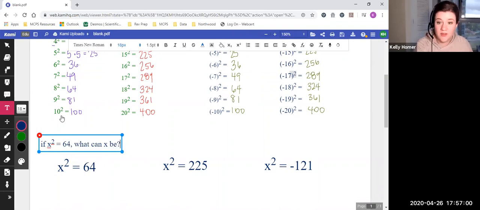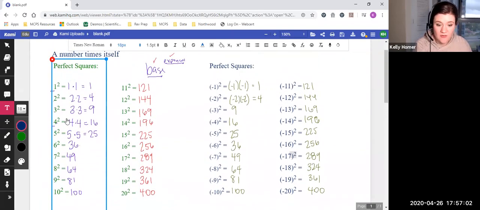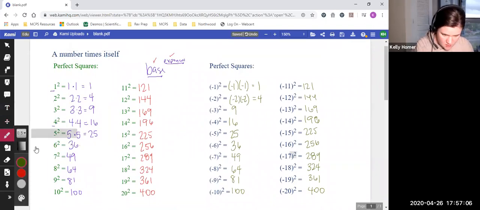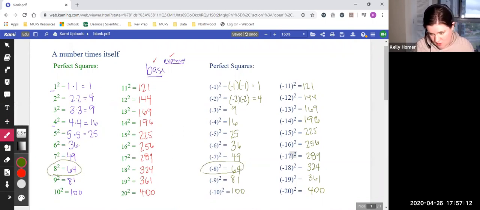Okay, well, if I look up at my charts here, I'm looking for 64. Here's a 64, right? 8 squared is 64, but so is -8 squared.